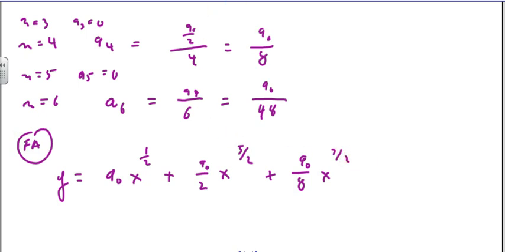And why did I go to 5? That's obviously 3. I have to add 1. 3, 5, plus a0 over 48 x to the 7/2 plus other things that I don't have.